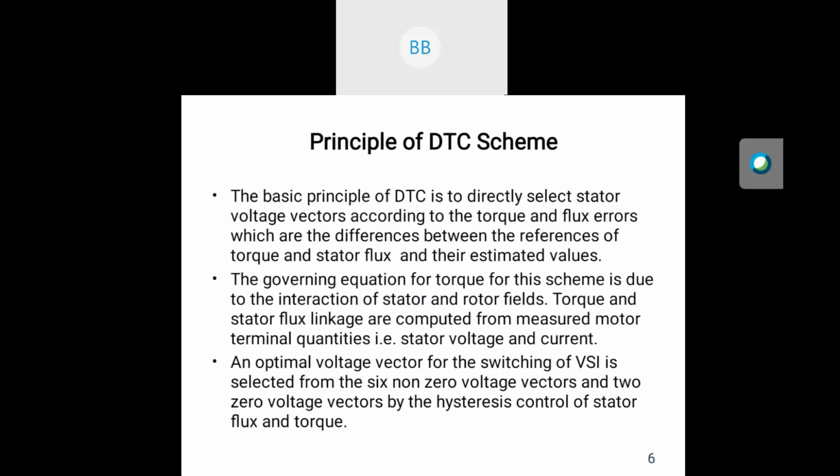The governing equation for torque for this scheme is due to the interaction of stator and rotor fields. Torque and stator flux linkage are computed from measured motor terminal quantities, that is stator voltage and current. An optimal voltage vector for the switching of VSI is selected from the 6 non-zero voltage vectors and 2 zero voltage vectors by the hysteresis control of stator flux and torque.